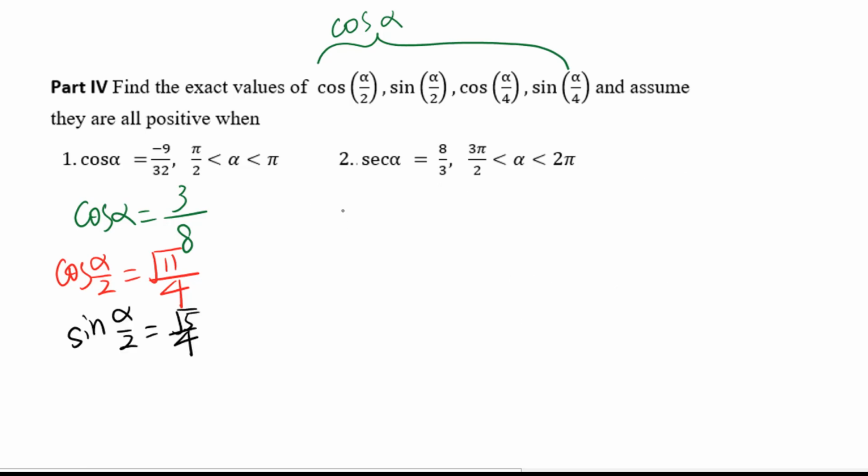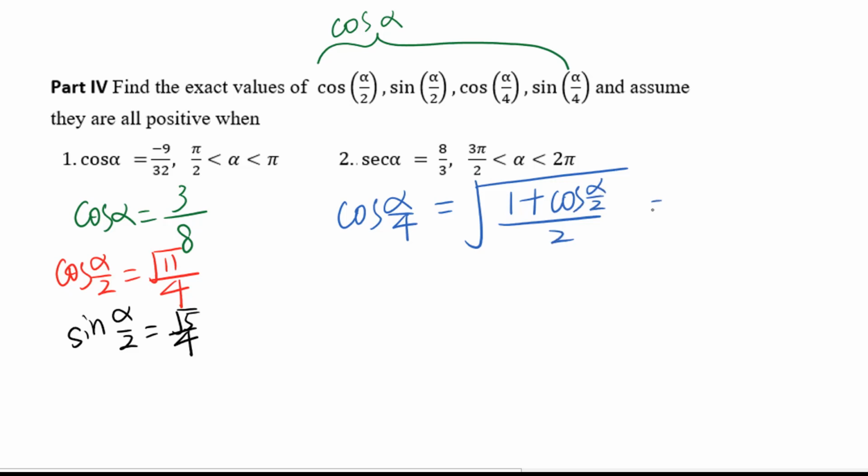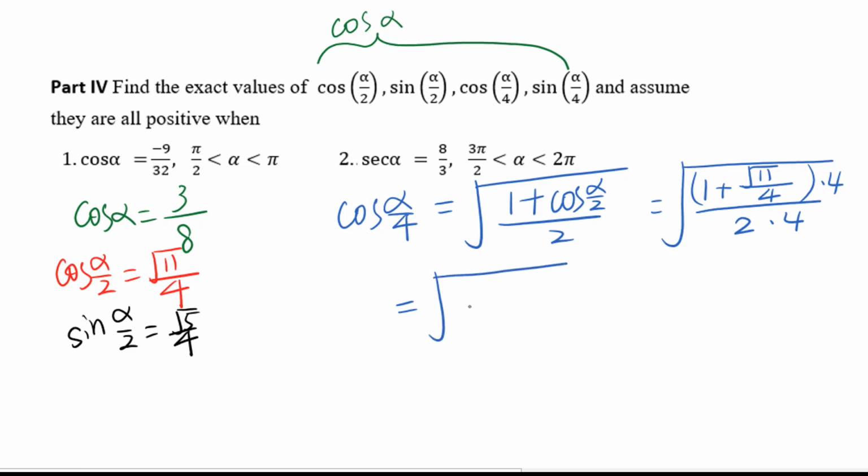Let's go to cosine alpha over 4 equals square root of 1 plus cosine alpha over 2, then over 2. So this is 1 plus square root of 11 over 4, over 2. Multiply by 4 top and bottom. You will get square root.